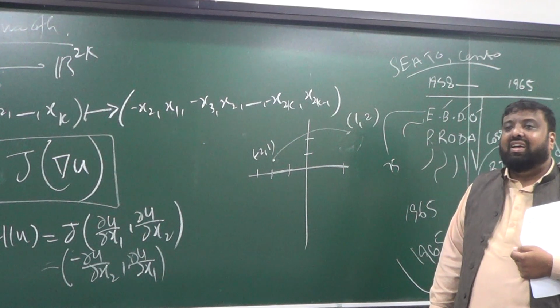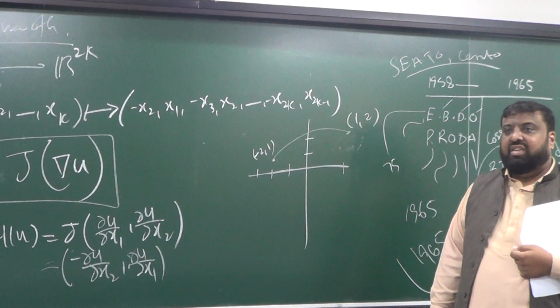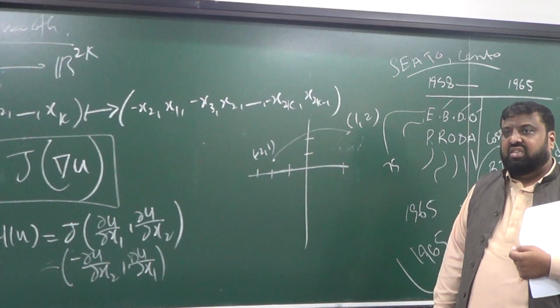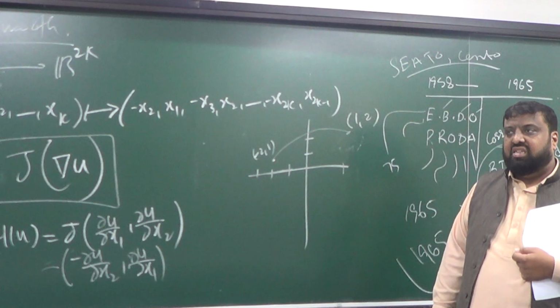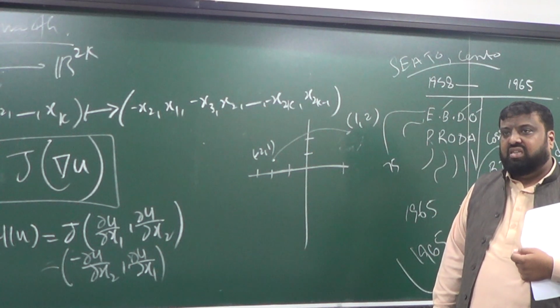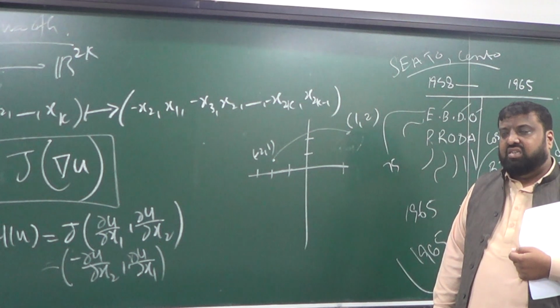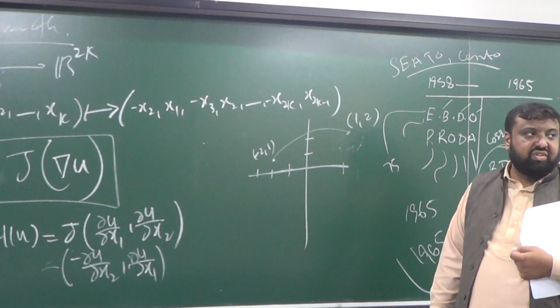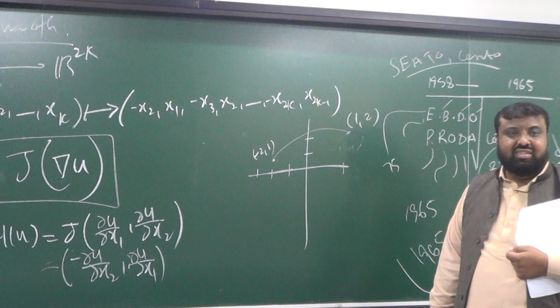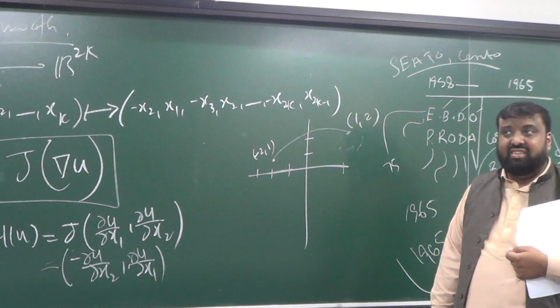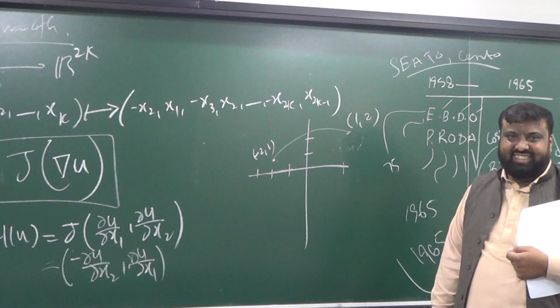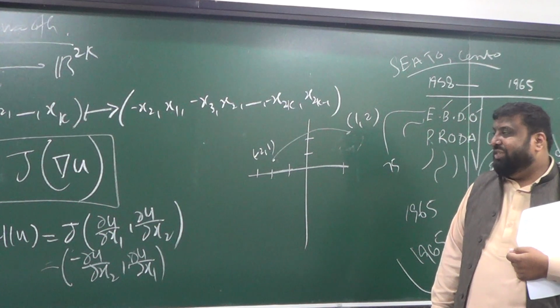So the rotation is predefined. What do I mean by that? I mean, the rotation within J is defined. We have already defined the rotation within J. What happened here? Rotation between?